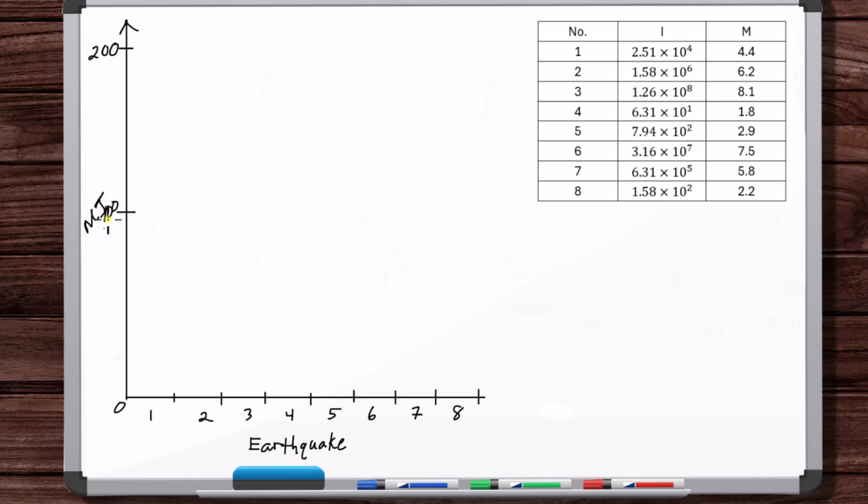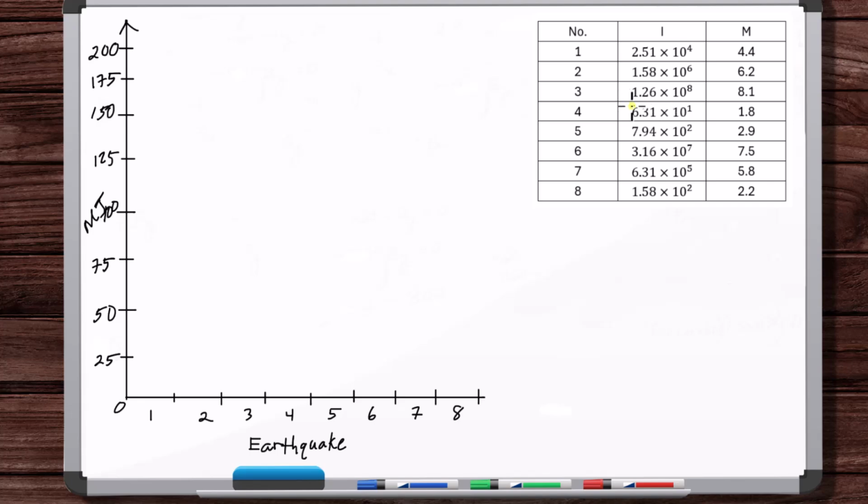That's 100. Then we'll do some quarter marks, so 50, 150, and then some eighth marks, so 25, 75, 125, 175. Okay, so let's plot these.